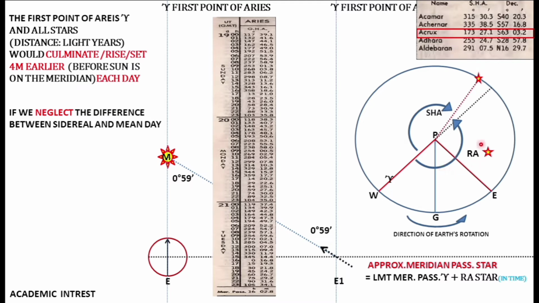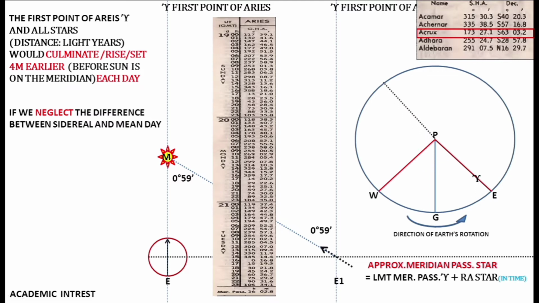So if I convert this RA into time and add it to the meridian passage of Aries, I can come to the approximate time of meridian passage of the star. So approximate meridian passage of star is LMT meridian passage of Aries plus RA of star converted in time, without taking into account any difference between sidereal time and mean time of 4 minutes.